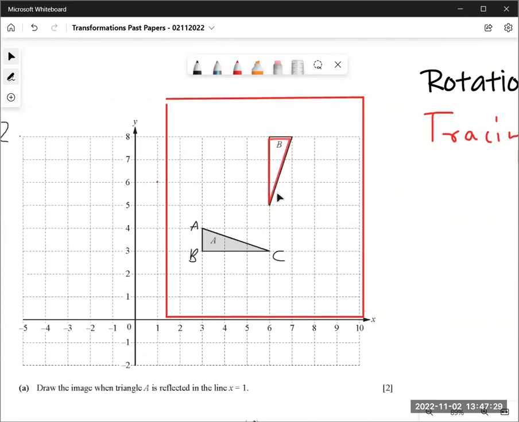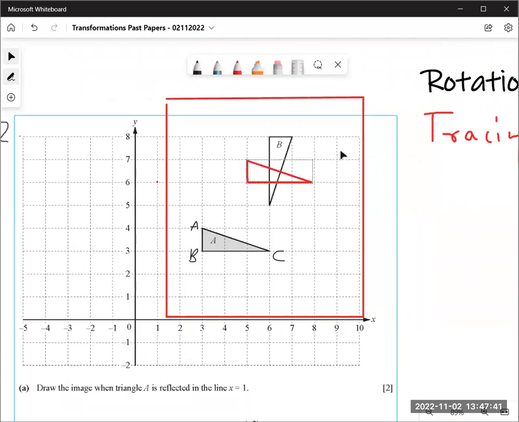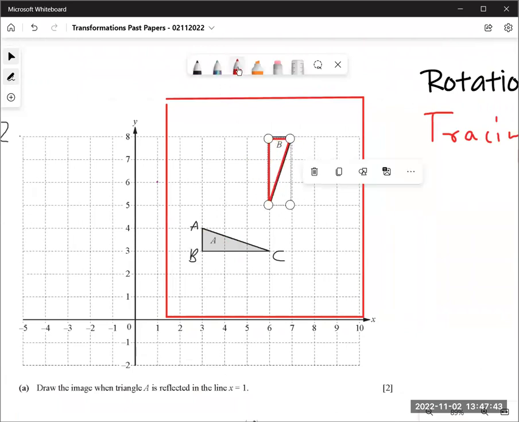But how can I rotate? How do I rotate it? That's the big question. So let's see. All you have to do is take this shape, or let's see.